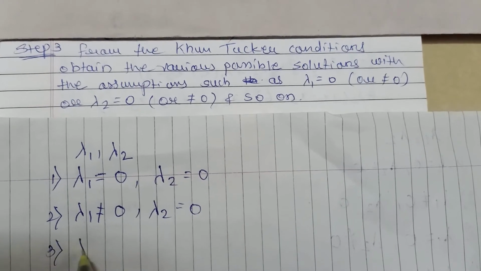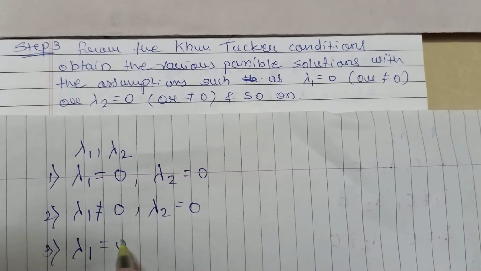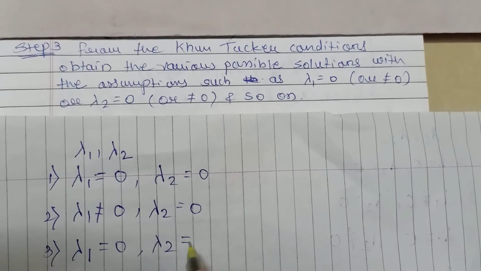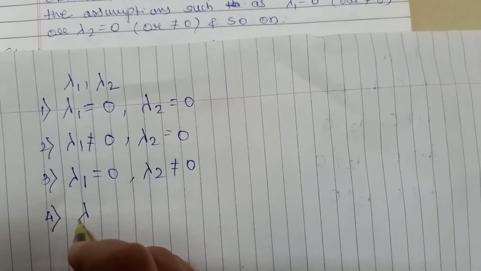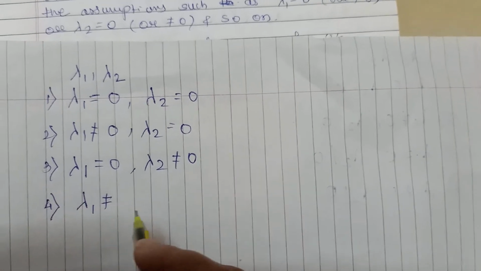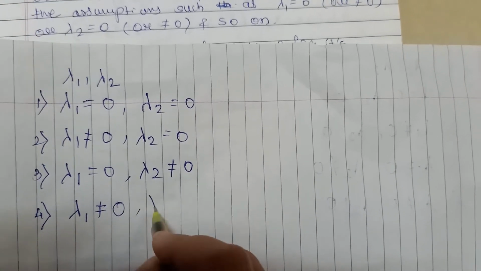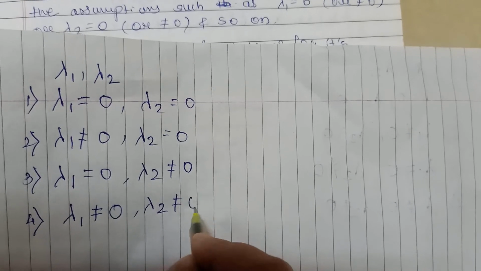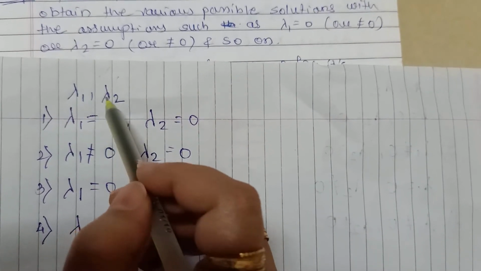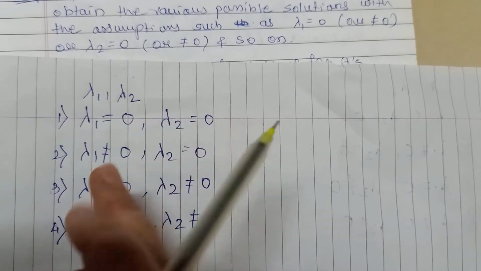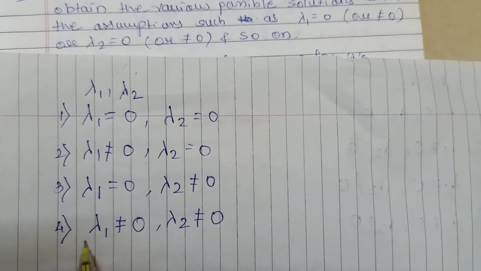Third case: lambda 1 is equal to 0, lambda 2 is not equal to 0. And the fourth case: lambda 1 not equal to 0, lambda 2 also not equal to 0. For two Lagrange multipliers, we can form four cases.